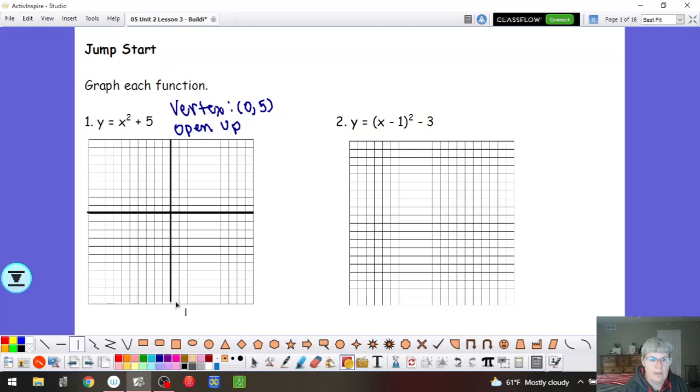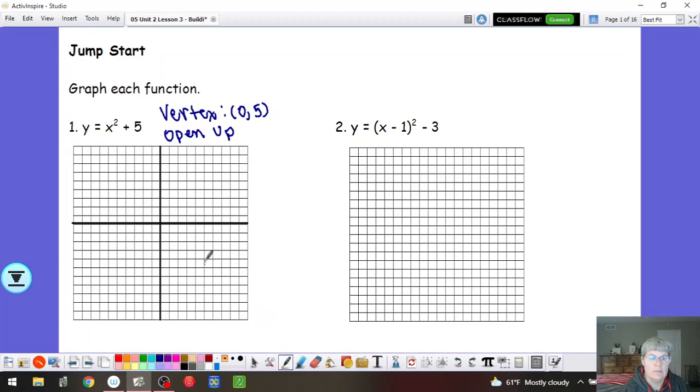And we can plot our points using anchor points, and we can move on. So our vertex is 0, 5, so up 1, 2, 3, 4, 5 is our vertex. The graph opens up. So keep in mind anchor points are 1, 4, 9.